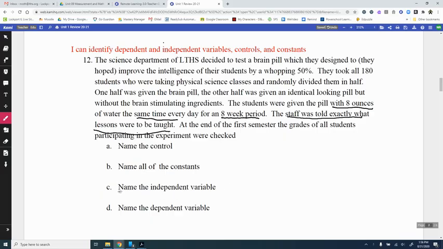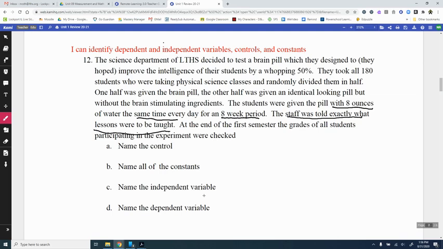Okay, so next is the independent variable. The independent variable, again, is the thing that we are testing, the thing that we are manipulating in the experiment. So in this experiment, the thing that we are testing is the brain pill. So the brain pill is our independent variable. And then last, the dependent variable.